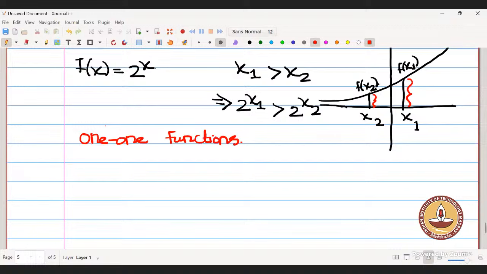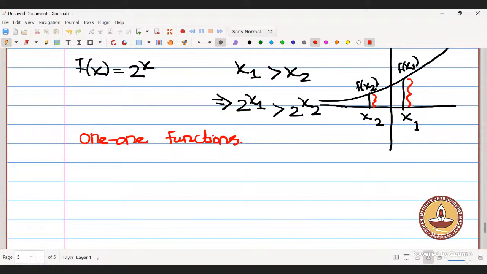If we do not use strictly, then it will not be 1-to-1, right, sir? No. What I'm saying is, if a function is strictly increasing or strictly decreasing, then it is a 1-1 function. I'm not saying that all 1-1 functions should satisfy one of them.